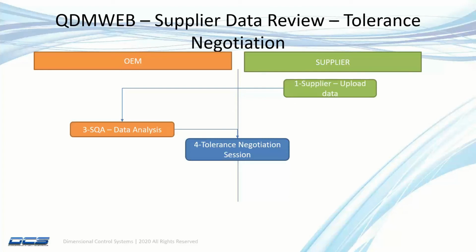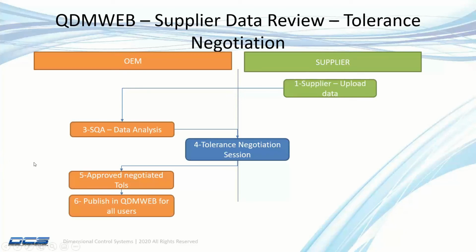It can be initiated at the supplier end or at the OEM end to see, based on our process, these are the tolerances. Can we get some tolerance concession on these points? We look at the design, and if it doesn't compromise the design, then these types of negotiations are done, and a document is signed for those approved negotiated tolerances, and then it's published for all the QDM web users. So we have a tool, a collaboration tool between the two.